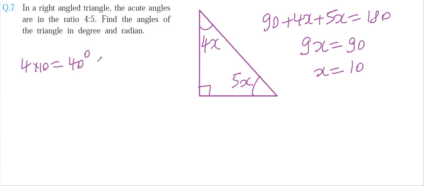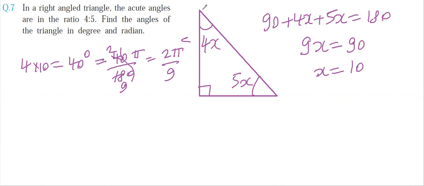And this 40 degree I need to convert into radian. How? 40 pi upon 180. So the zeros cancel. 2 fours are 8... 2 nines are 18. So I will get 2 pi by 9 radian. 40 degree is this, and 2 pi by 9 radian is this.